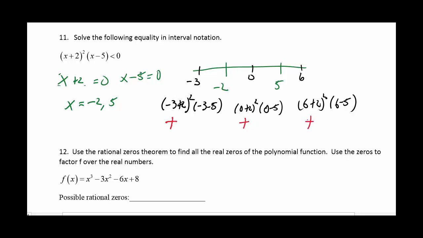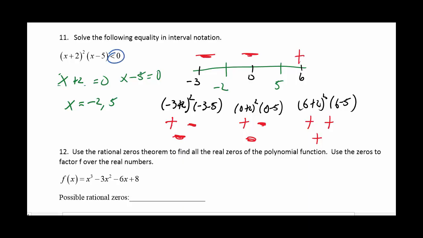So in all three cases, that first piece will be positive. The interesting piece is what's happening in the second half. So -3 minus 5 is negative, 0 minus 5 is negative, and 6 minus 5 is positive. So what happens when I multiply a positive by a negative? I get a negative.